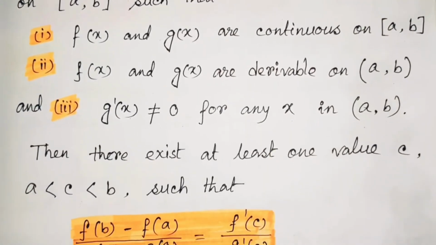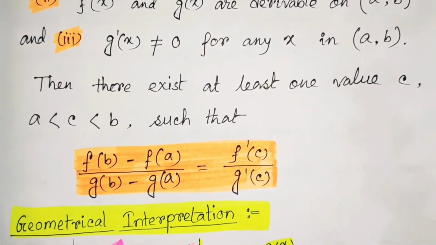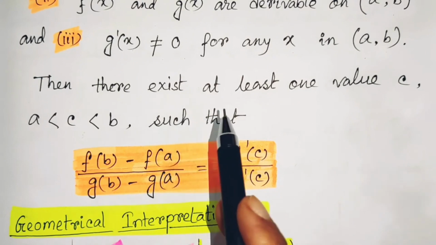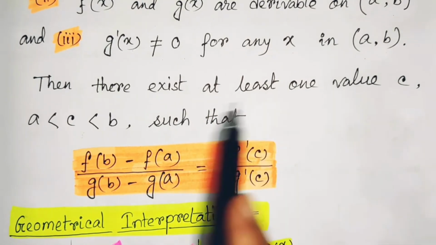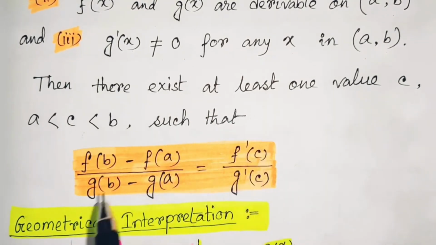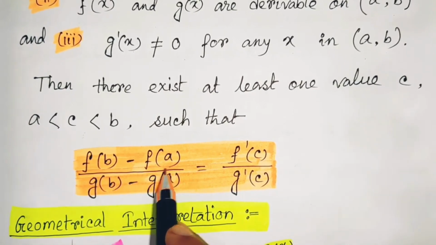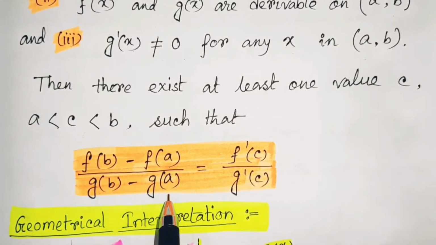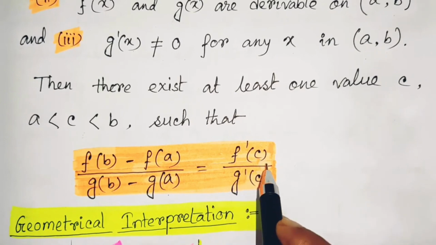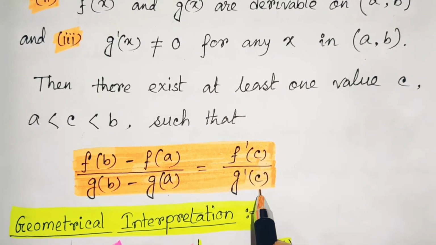If all those conditions are fulfilled, then there definitely exists at least one value c between a and b such that f of b minus f of a divided by g of b minus g of a is equal to f dash c by g dash c.